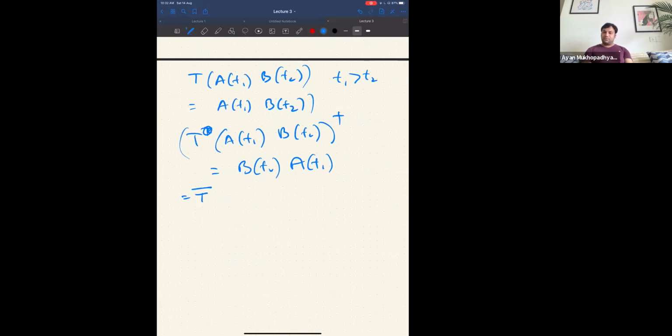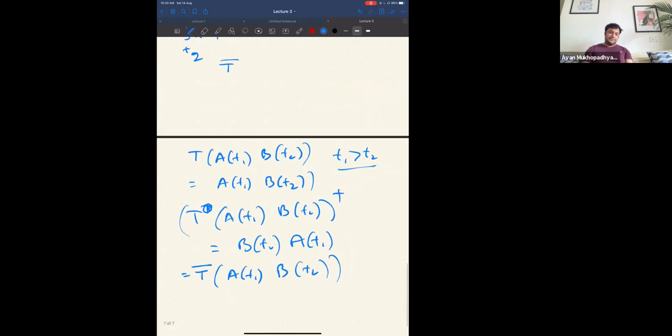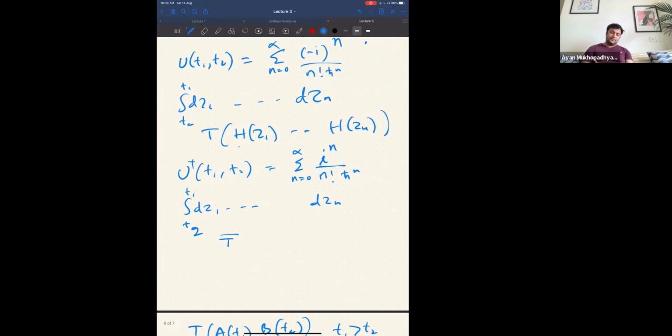Anti-time ordering is opposite of time ordering: in time ordering, whatever happens earlier is placed later, but in the anti-time ordering, whatever is earlier will come earlier too. So then this is equal to A(t1)B(t2), right? And we assumed t1 is greater than t2; you can then take t2 greater than t1 and you get exactly the same conclusion. So the Hermitian adjoint of this is simply anti-time ordering.